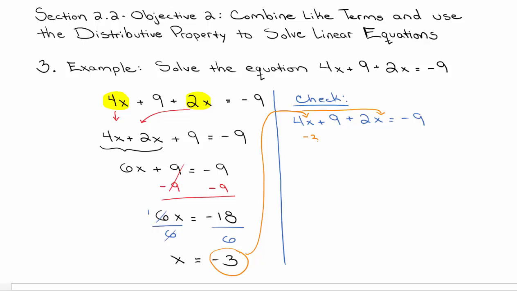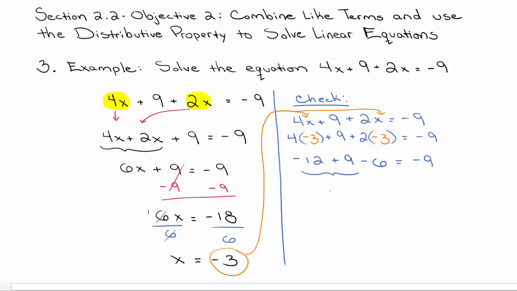So I'm going to substitute here negative 3 for every time I see an x. Four times negative 3 is negative 12 plus 9, and then 2 times negative 3 is negative 6.